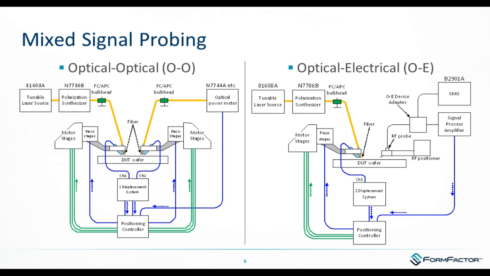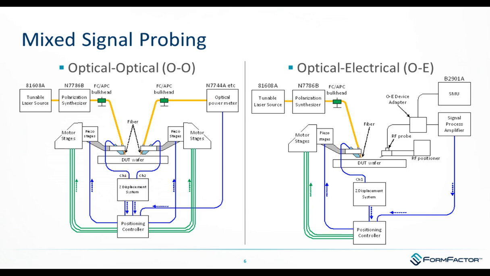On the right-hand side is the optical-electrical measurement setup, which is the same on the input, but we replace the output fiber with one of our RF probes connected to the B2901A SMU to provide the biasing and take the electrical measurement. Now, the signal process amplifier in this case is taking that electrical signal and passing it back into the alignment system.